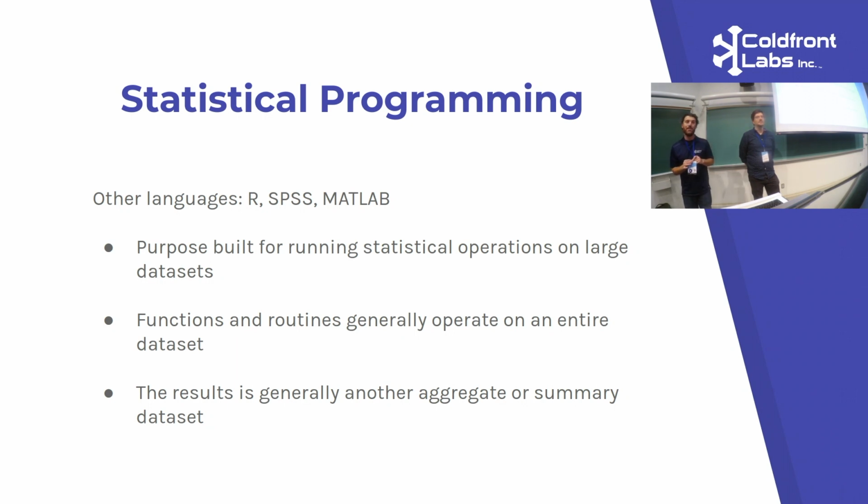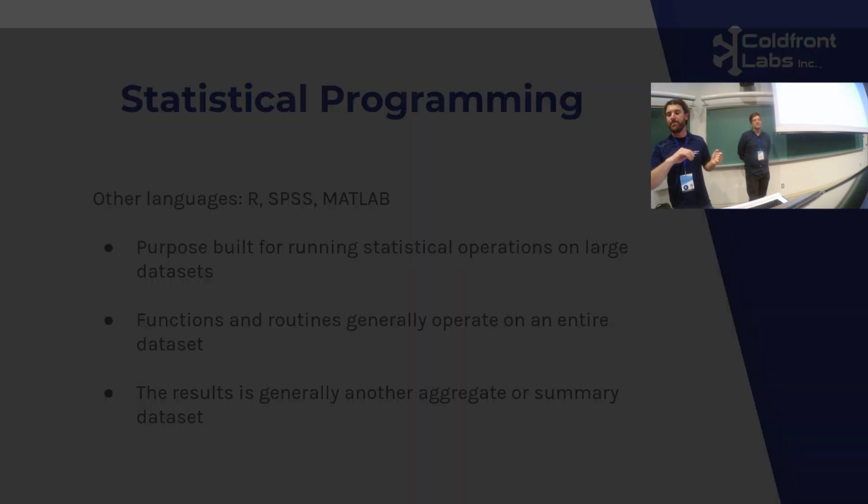So it's a language that makes it easy to do statistical operations on big data sets. Other statistical languages are R, SPSS, and MATLAB. Their whole design is to make it really easy to run an operation on a big data set and to filter and do statistical work. It has functions and routines that operate on the entire data set, and the results are usually aggregates or summaries or statistical operations.